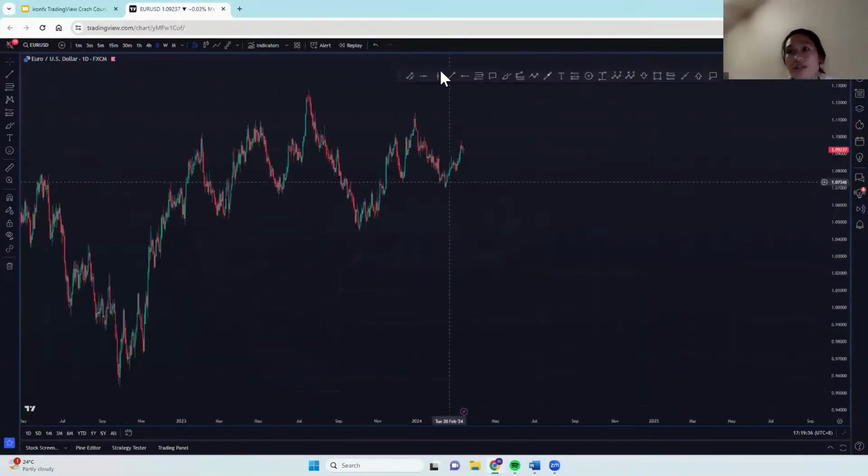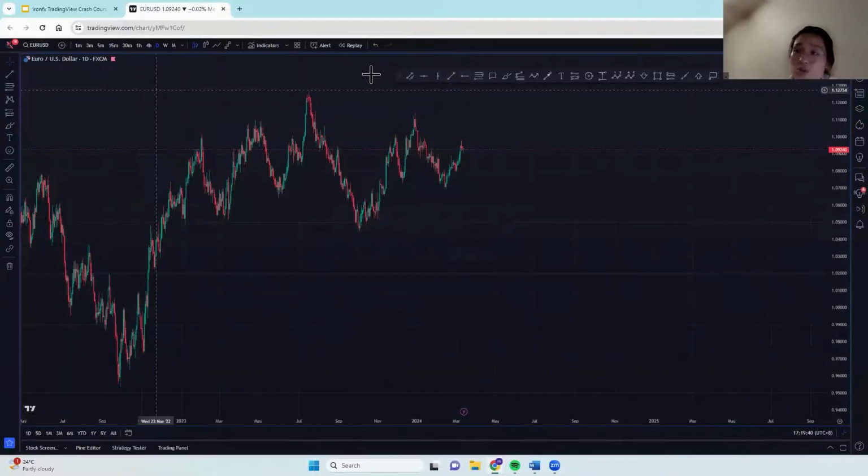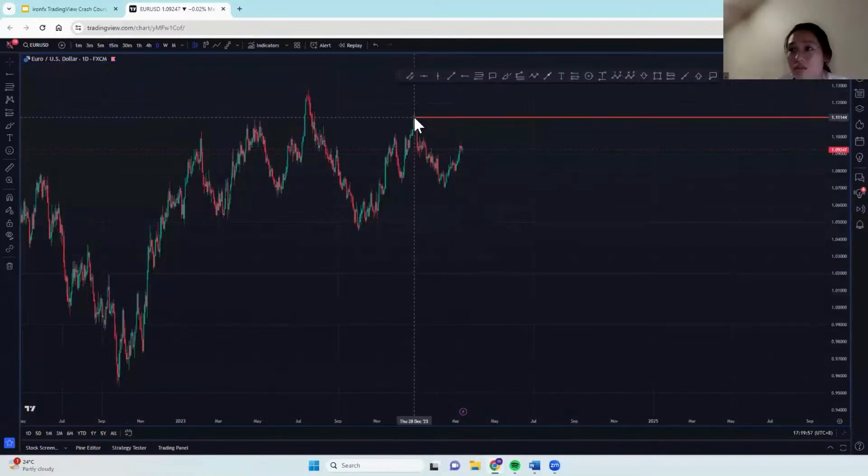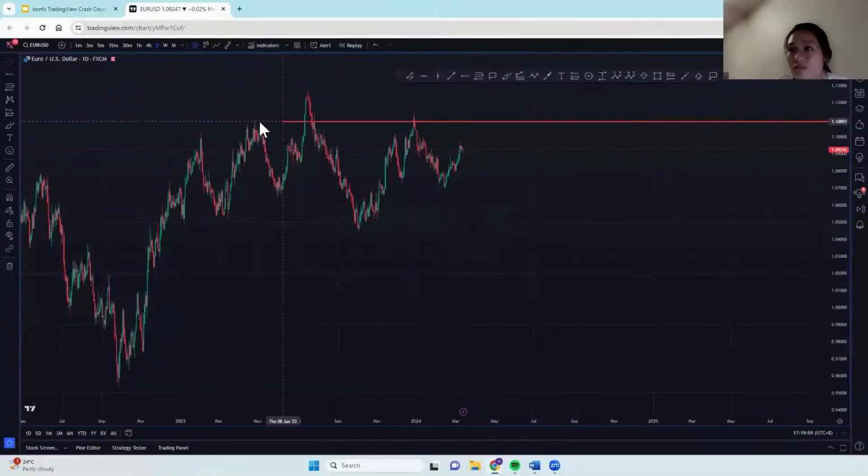So let's go in with some support and resistance levels. For those, we will use the horizontal rays. So this is my first resistance.